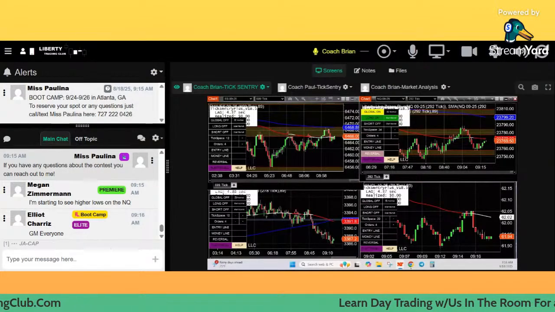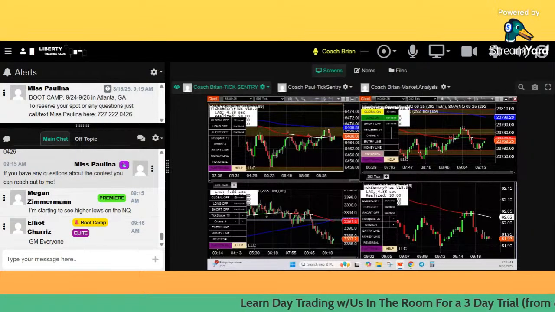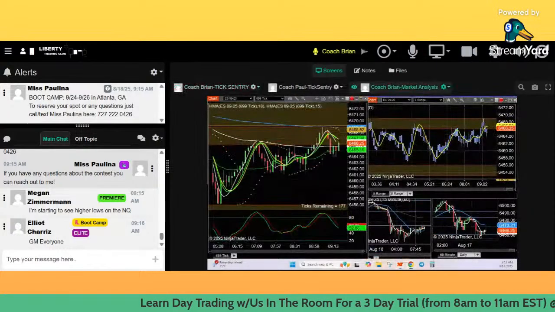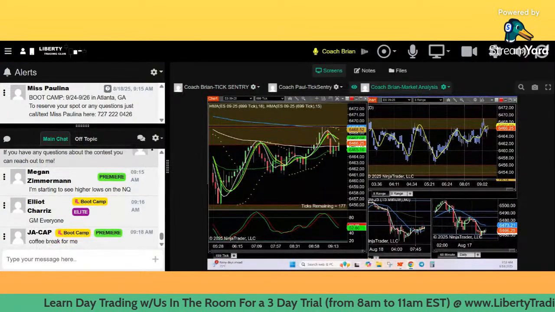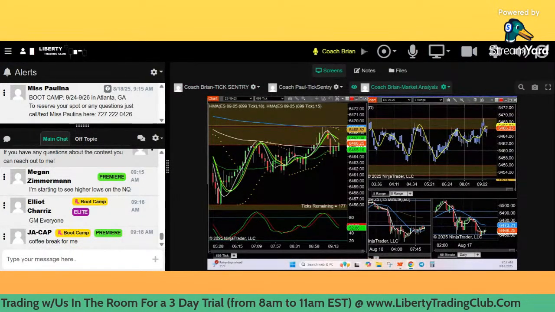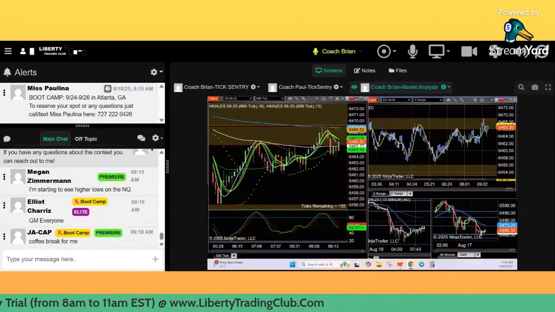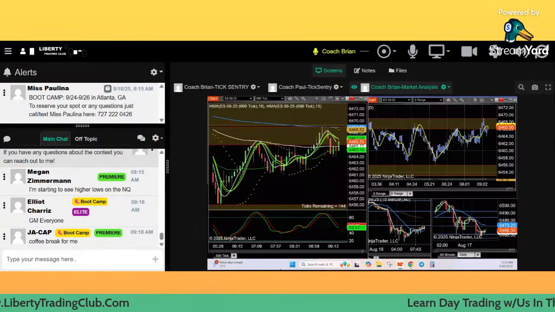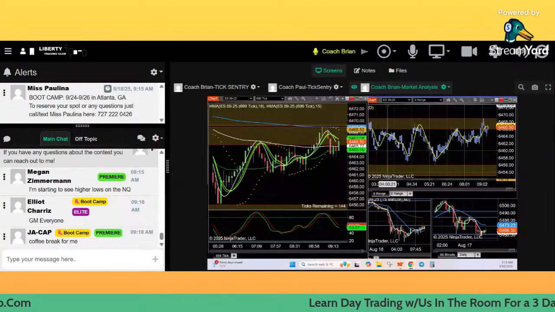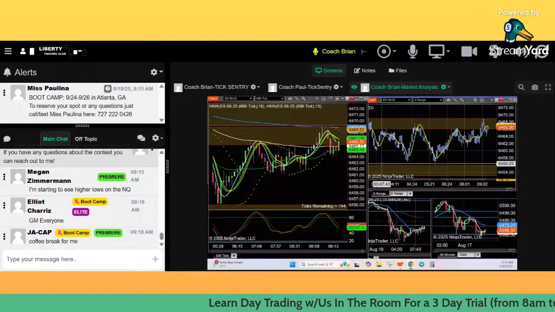If you're looking at the NQ here, everybody go to my market analysis screen. Now, those of you that don't trial, I will trade on both screens, Tick Sentry and the market analysis screen. My main manual trading happens on this screen. You'll see me trade manually on that. If I'm telling you that I'm going to get into a trade, usually it's on this screen.